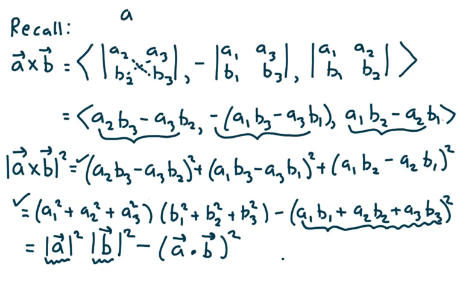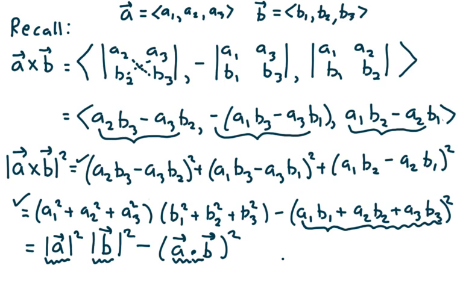Remember, A is the vector A1, A2, A3. B is the vector B1, B2, B3. If I take the dot product of A and B, it's A1 B1 plus A2 B2 plus A3 B3. And that's exactly what I got here. So I get the dot product of A and B quantity squared.